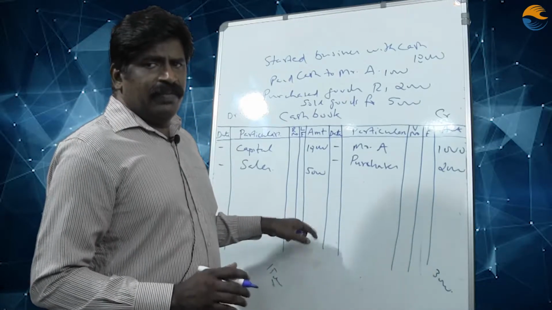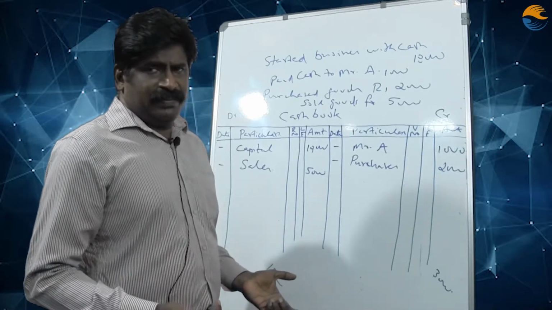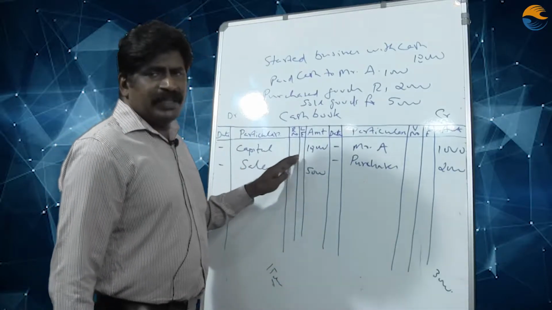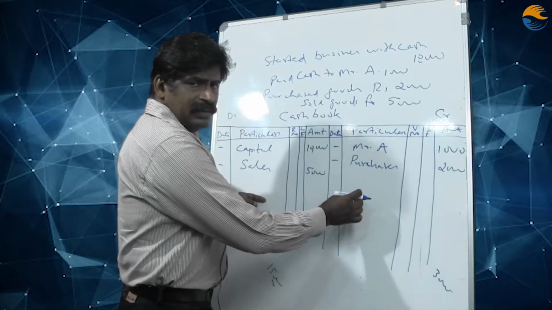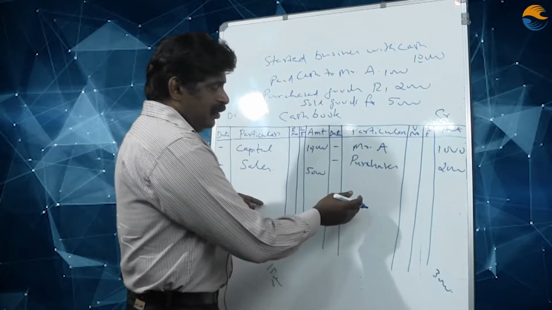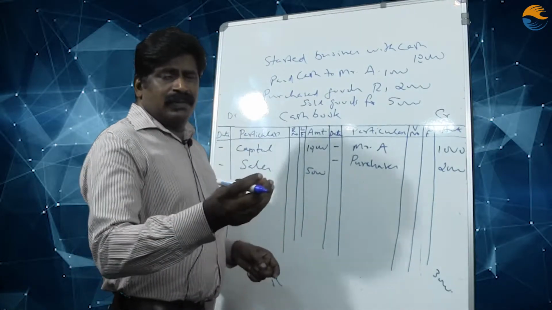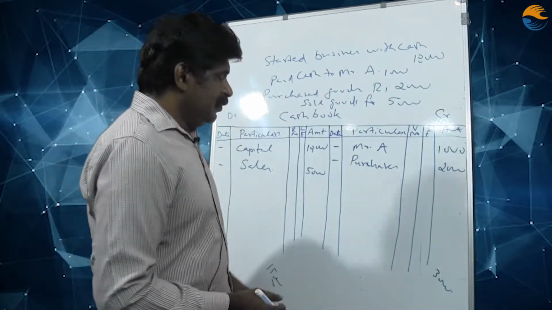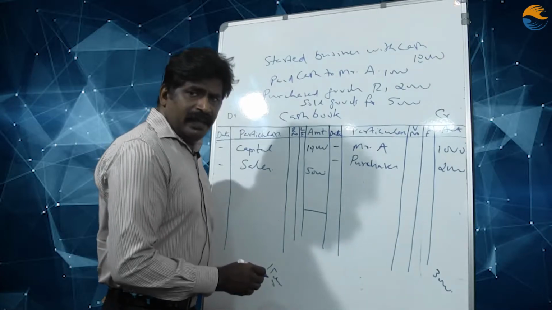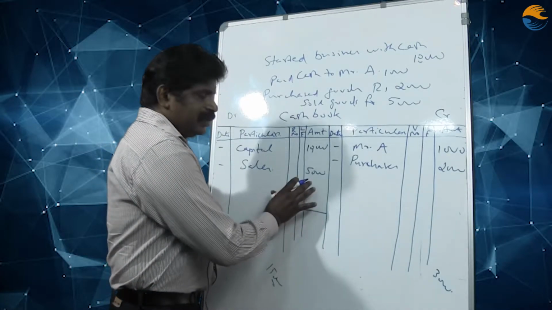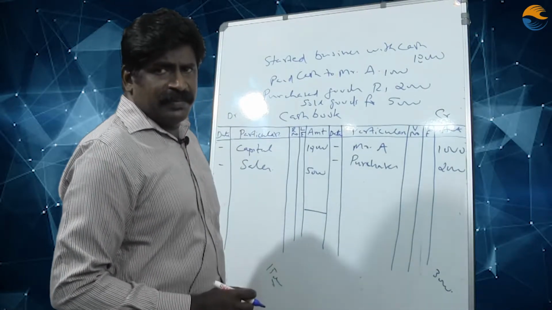Then we check where the amount is the highest. Here, debit side is the highest amount. After leaving space to write 2 or 3 items, we have to write the total on the highest side. Here debit side is the highest side.